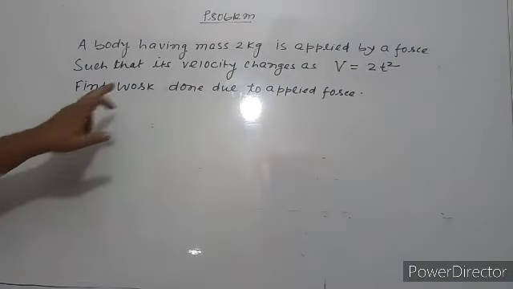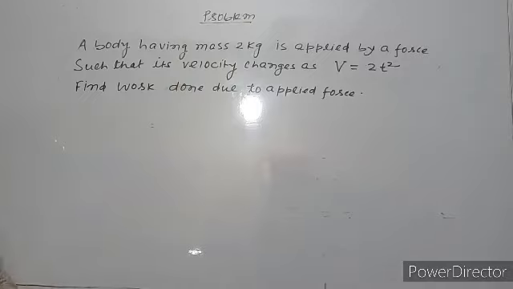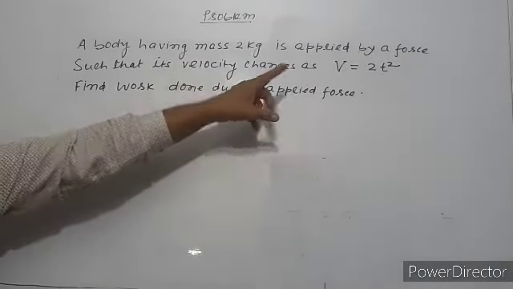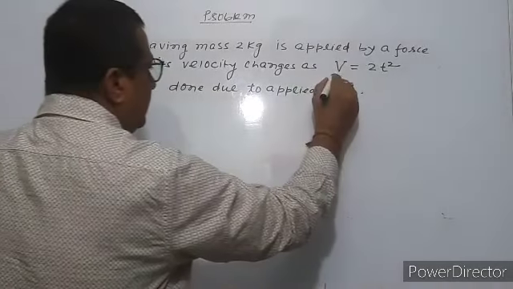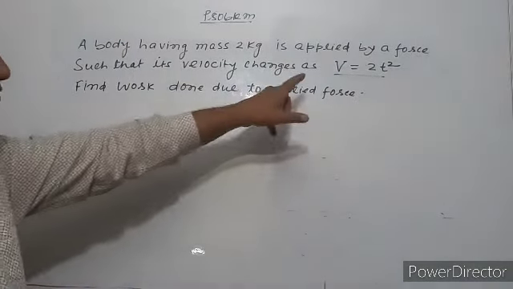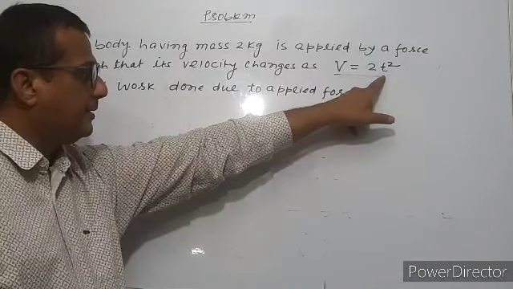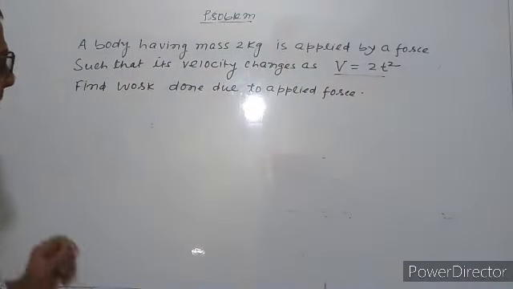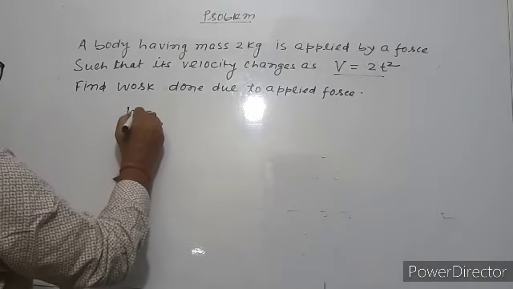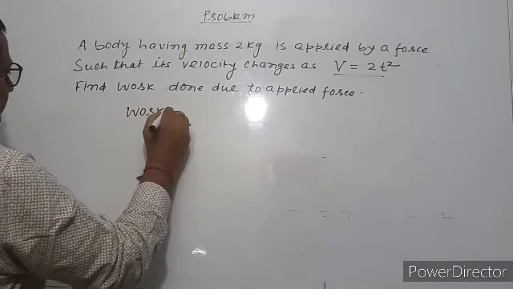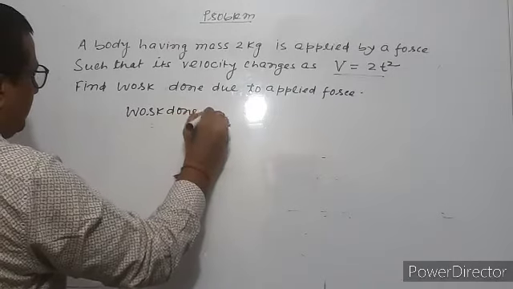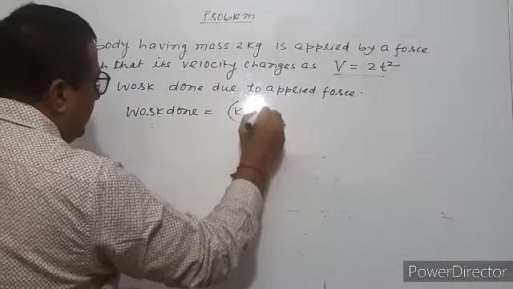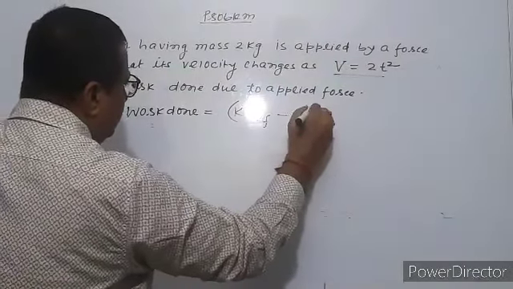Here the body mass is 2 kg and we are applying a force. Velocity changes as v equal to 2t square. It means velocity is dependent on time. So velocity changes. We apply the formula work done is equal to kinetic energy final minus kinetic energy initial.